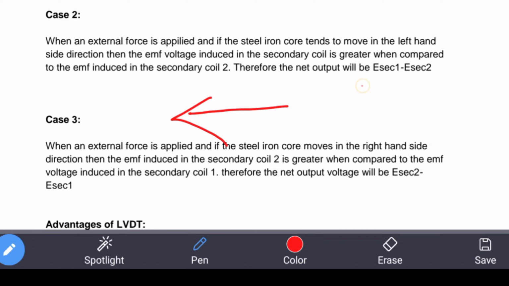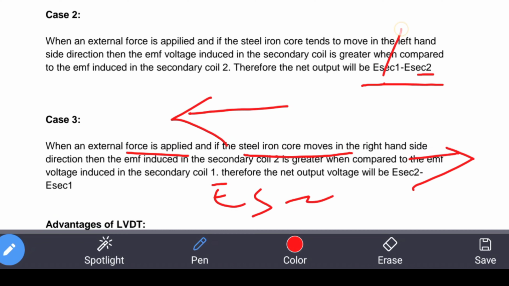That is ES1 minus ES2. Similarly, when the force is applied and the steel iron core is moved in the right hand side direction, then the EMF induced is ES2 minus ES1, as ES2 will be more. Here ES1 will be more in the other case. Hence, now we go for the advantages of LVDTs.